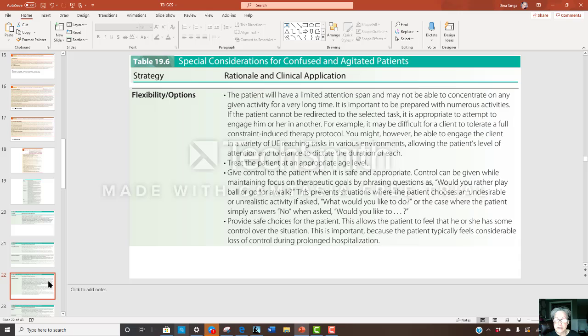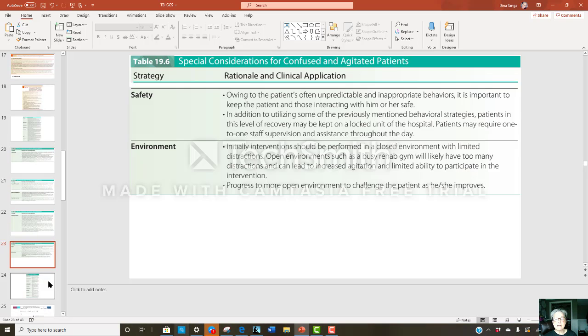Or in the case where the patient simply answers no when asked, what would you like to do? Provide safe choices for the patient. This allows the patient to feel that she has some control over the situation. It is important because the patient typically feels a considered loss of control during prolonged hospitalization.